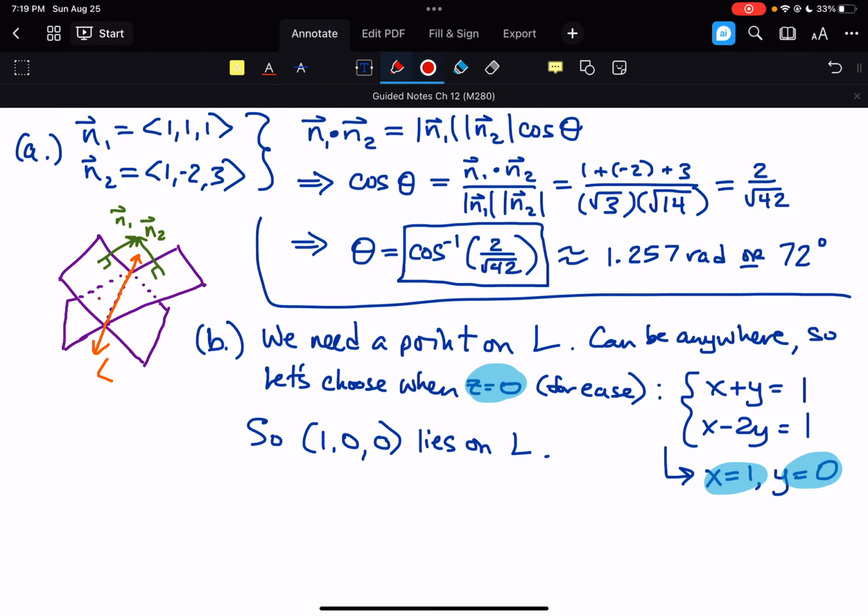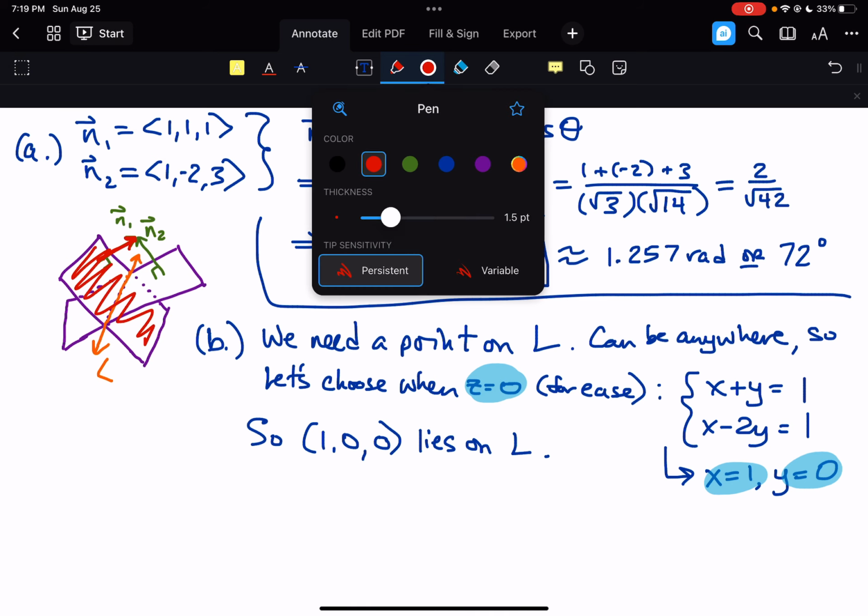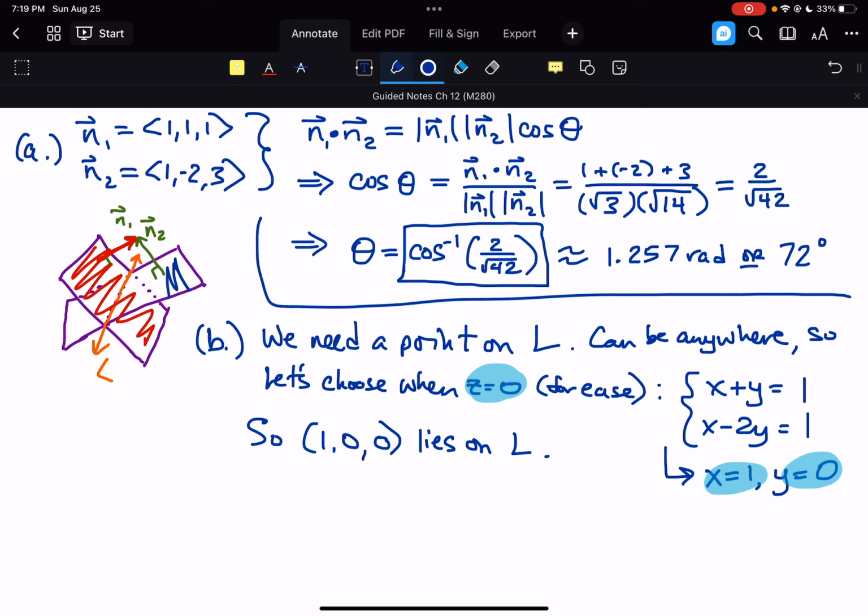Okay, since L lies on this plane, it must be orthogonal to N1. And since L lies on this plane, it must be orthogonal to N2, right? L is on the red plane, so it's orthogonal to this. It's also on the blue plane, so it's orthogonal to this. Okay, because it's in both.